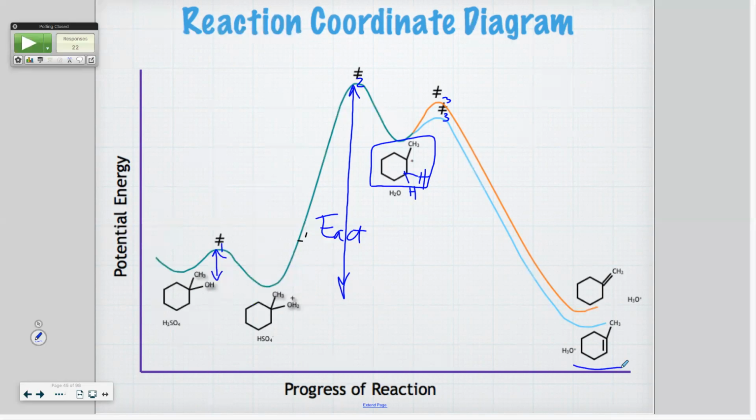The other one was losing one of these hydrogens off the methyl to make this compound. Okay, well, which one was more stable? The tri-substituted double bond. So the path to get there is the light blue path, and it's lower in energy. The molecules can easily do that more of the time. 93 to 7.